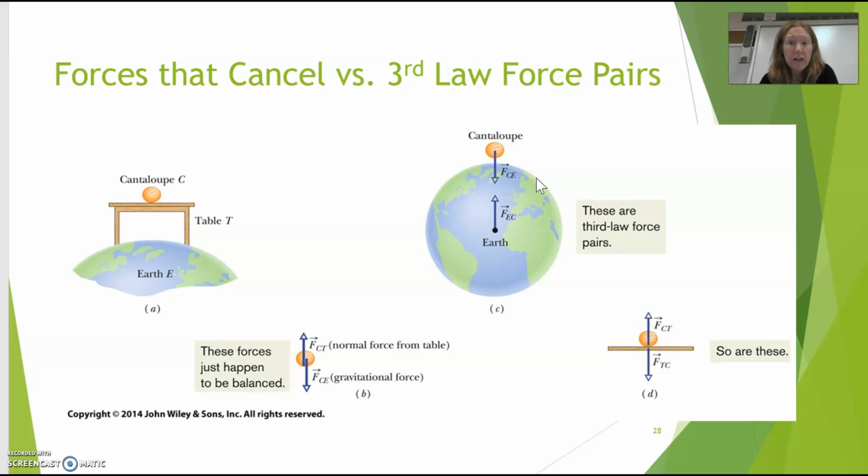If you throw the cantaloupe up into the air, you will see it in free fall, and that's because of the force of gravity. So we would call this one FG.